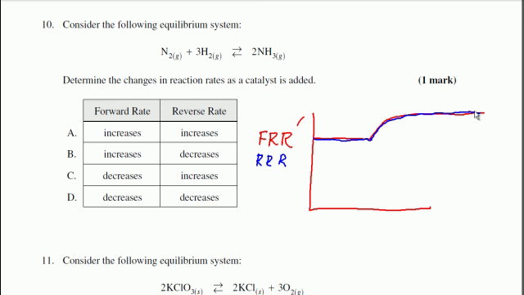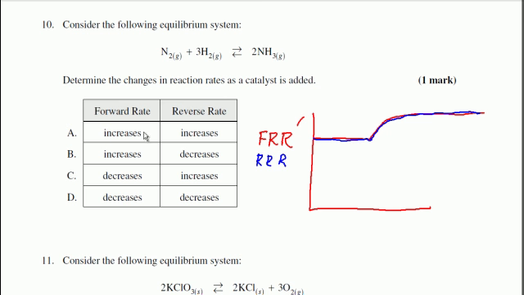So for the whole time, since forward reaction rate and reverse reaction rate are always equal, this reaction always remains at equilibrium because forward and reverse reaction rates are equal. But they're both increasing. Okay, they both increase when we add the catalyst.